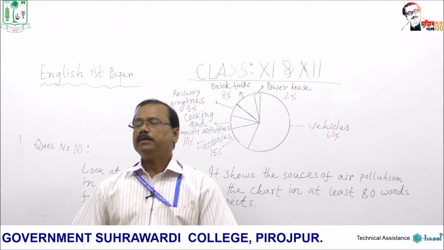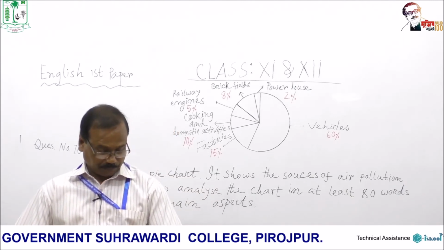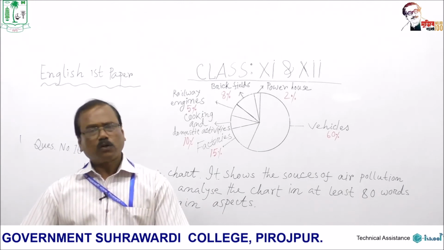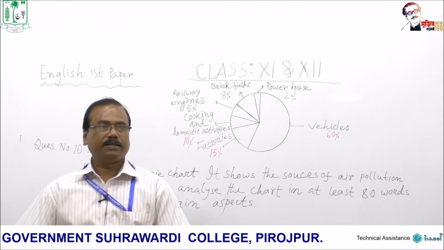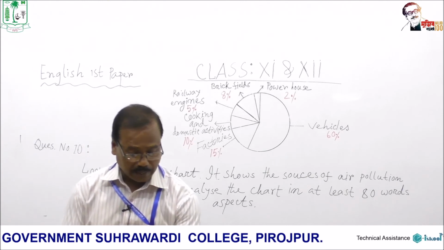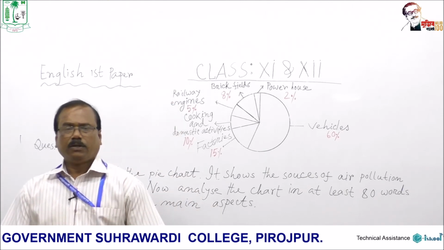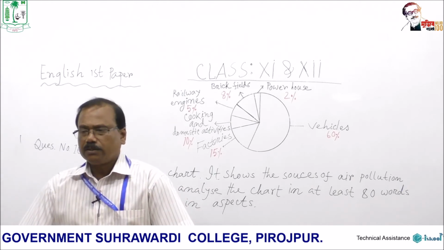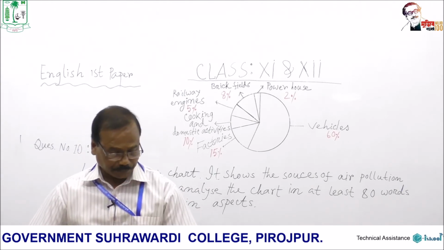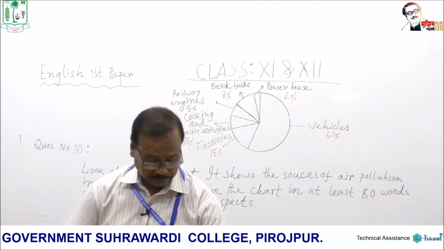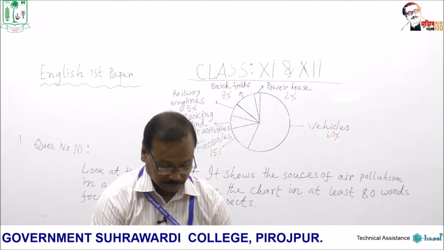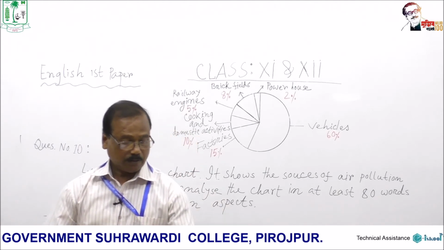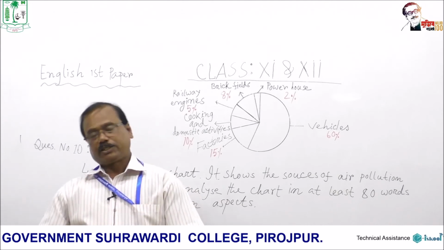This is the last and conclusive sentence which you will have to write on your answer script if you want to get full credit. This is the analysis of a chart.